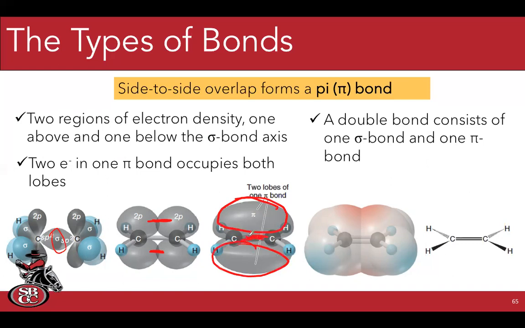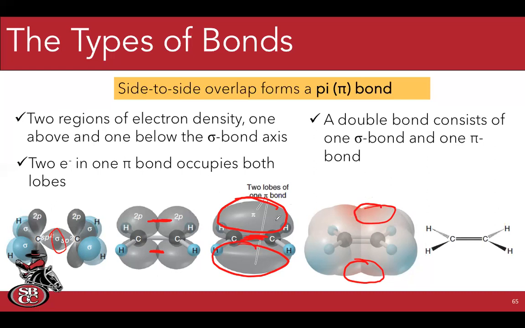There's a sigma bond and a pi bond, which has 2 lobes. And again, you can see the electron density sits above and below. And as a result, it stops the rotation around the bond. So any double or triple bonds cannot rotate because of these lobes of electron density, but any single bonds are free to rotate around the bond axis.